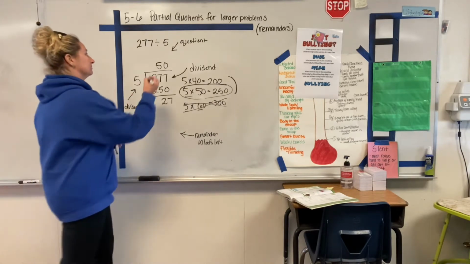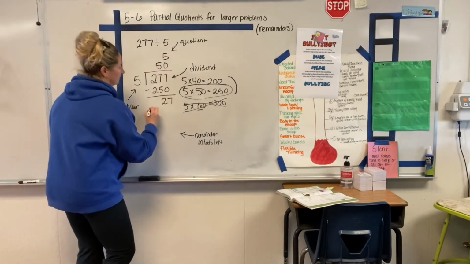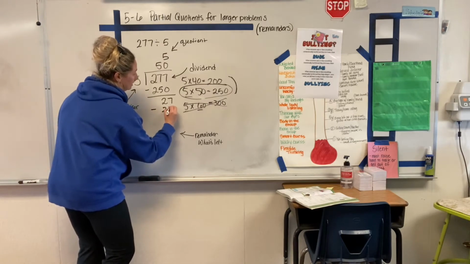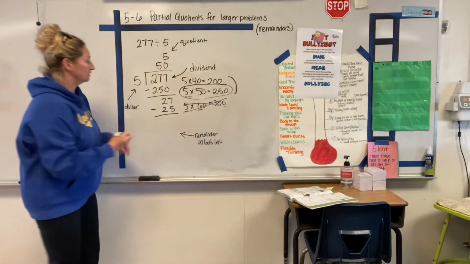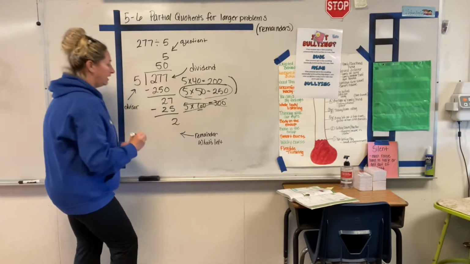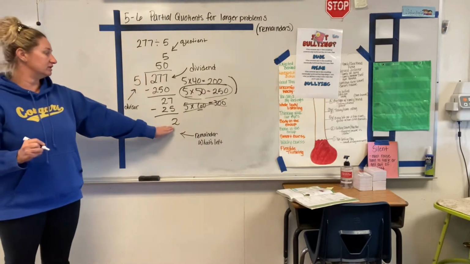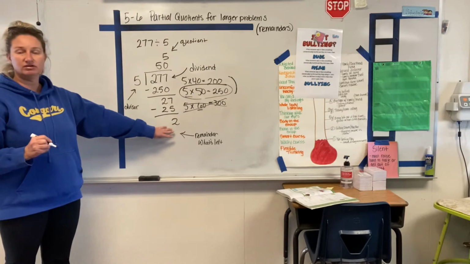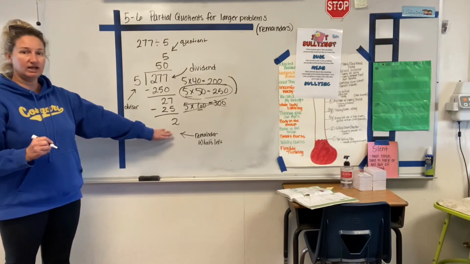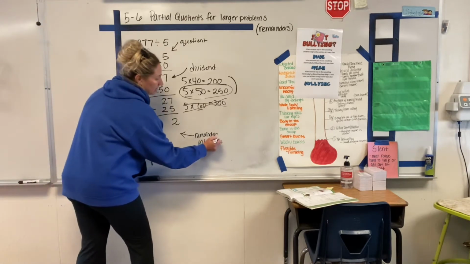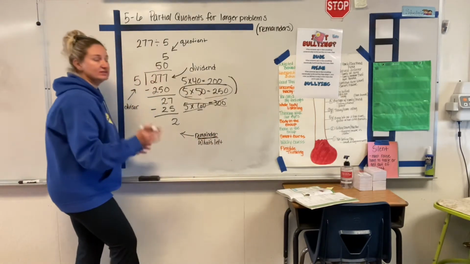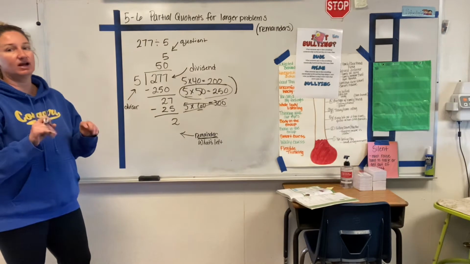So that's minus 25, and then I have 2. Now 5 can't go into 2 because 2 is smaller than 5, so I can't do any more dividing. This now is my remainder, what's left that I can't divide anymore.